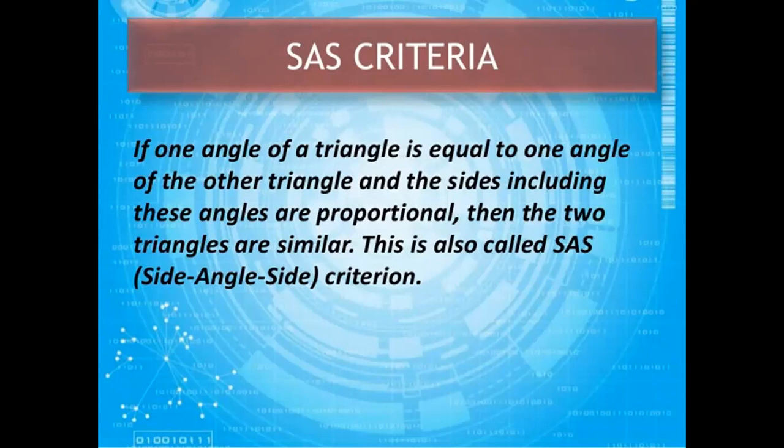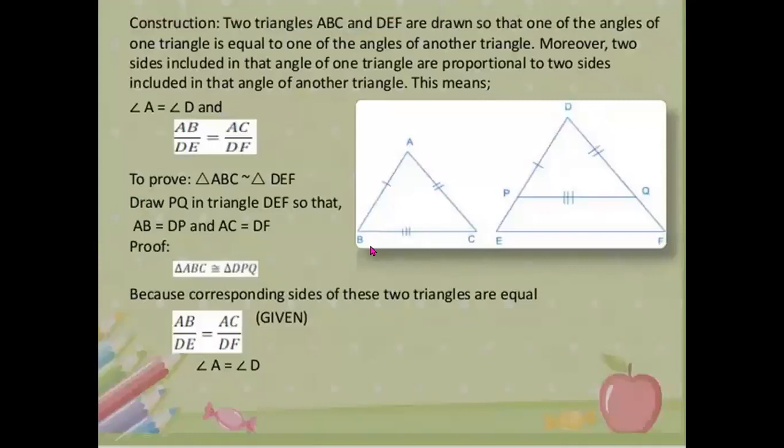Again, if one angle is equal to the other angle and the two sides are proportional, then we can say that they are also similar triangles using the side angle side criterion of identifying similar triangles.